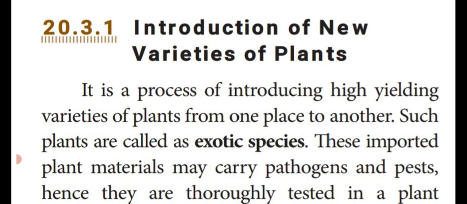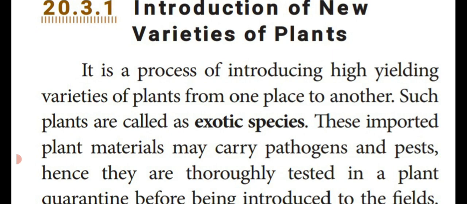So first method, introduction of new varieties of plants. Dear students, it is one of the plant breeding processes which introduces high yielding varieties of plants from one place to another. That's why I told you in some regions we are cultivating one kind of crop.